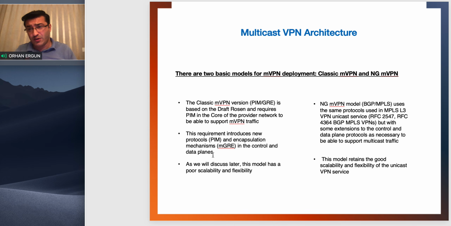So classical approach basically is we continue whatever we use for the customer side, PIM, in the provider side also PIM. So unified PIM. We have unified MPLS, seamless PIM. Okay? I may be laughing, but it's not a joke. So the people might think in this way. But this is an entire enterprise solution, and MPLS L3 VPN is in the enterprise network.